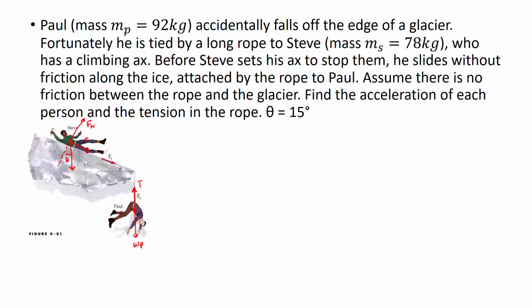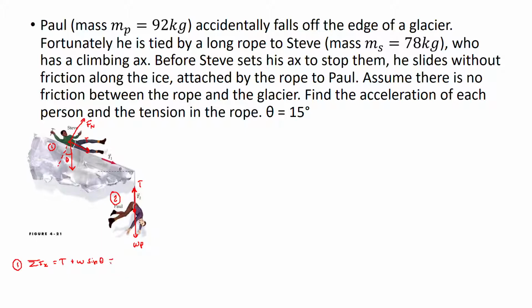Okay, so now we need to settle the equations. I'm gonna call this one 1, and this one over here number 2. So 1 should be the sum of all the forces in x. It's gonna be the tension plus the weight sine of theta, and that's it.